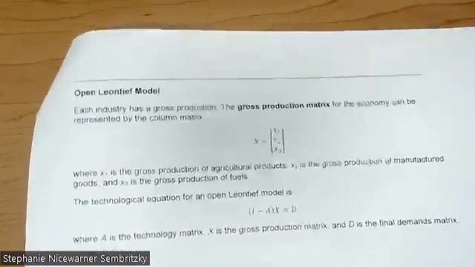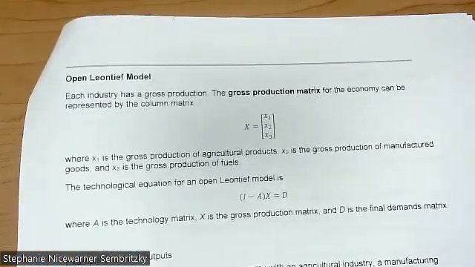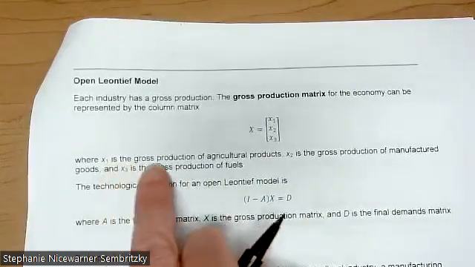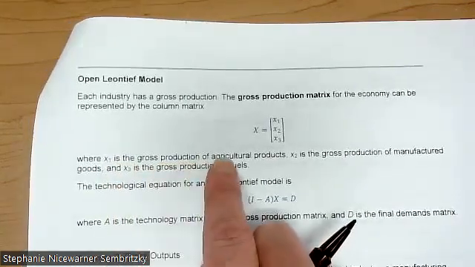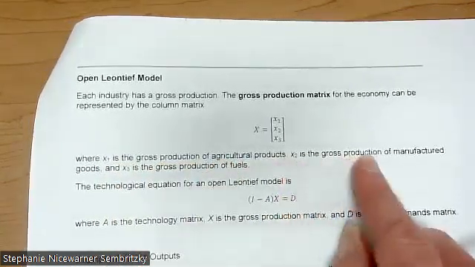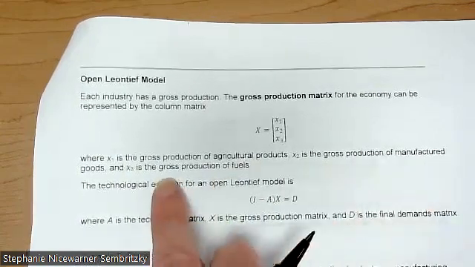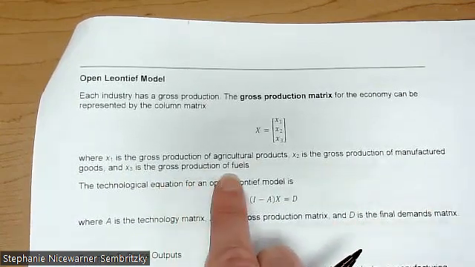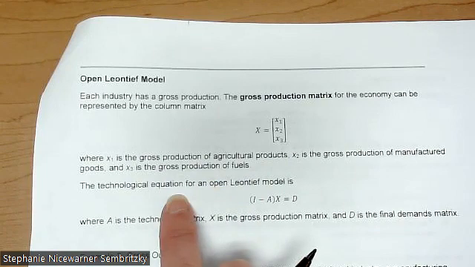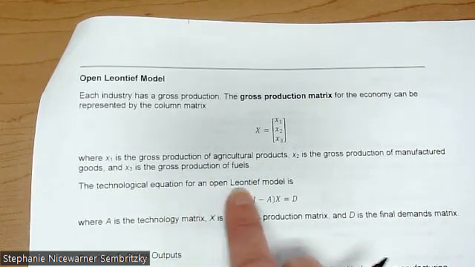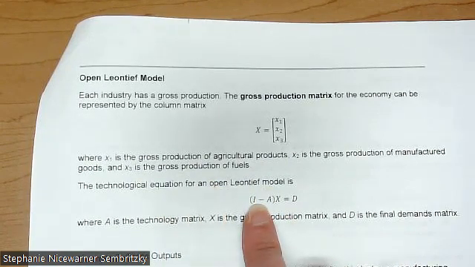All right. So each industry has a gross production. The gross production matrix for the economy can be represented by this column matrix, where X1 is the gross production of agricultural, X2 is the gross production of manufactured, and X3 is the gross production of fuels. The technology equation for an open model is such.